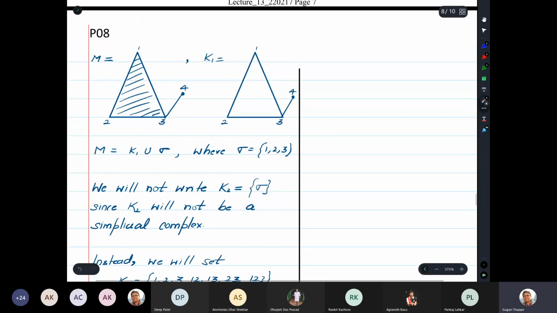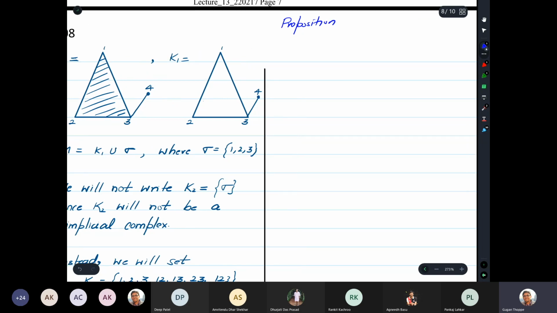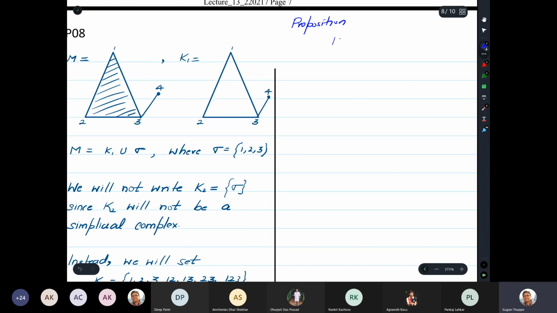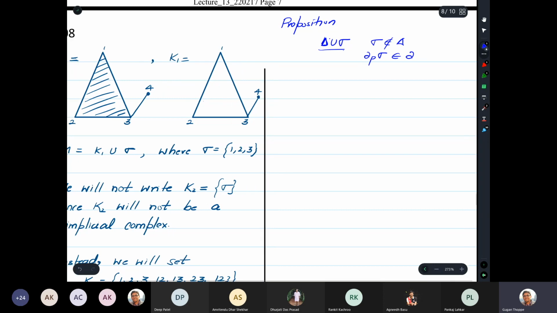So let me re-emphasize what we are trying to do. Our goal is to prove this proposition. The proposition, if you recall, was something like this. Let's say you had some simplicial complex delta, to which you added this face sigma, and sigma had the condition that sigma did not belong to delta. However, the boundary of sigma, ∂p of sigma, belonged to Cp minus 1 of delta.